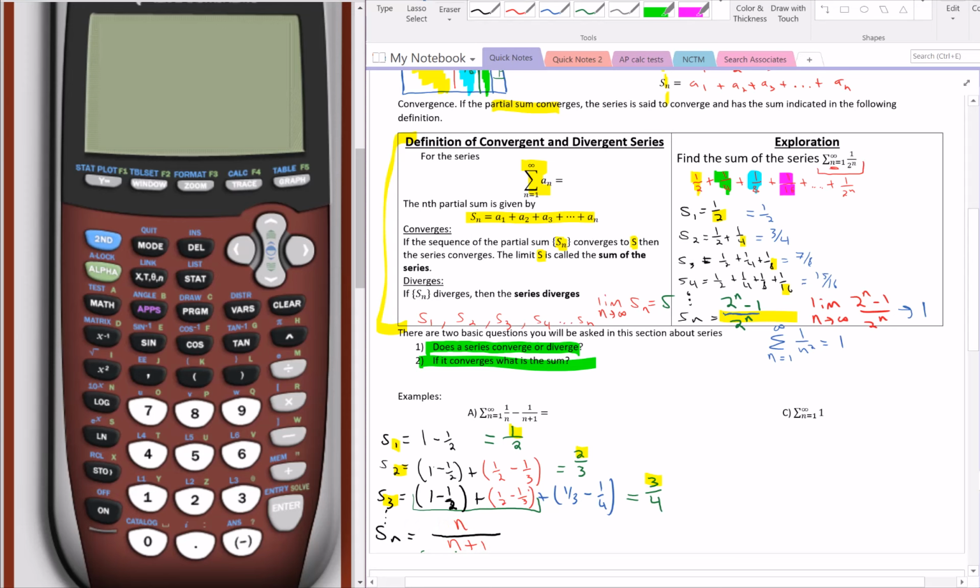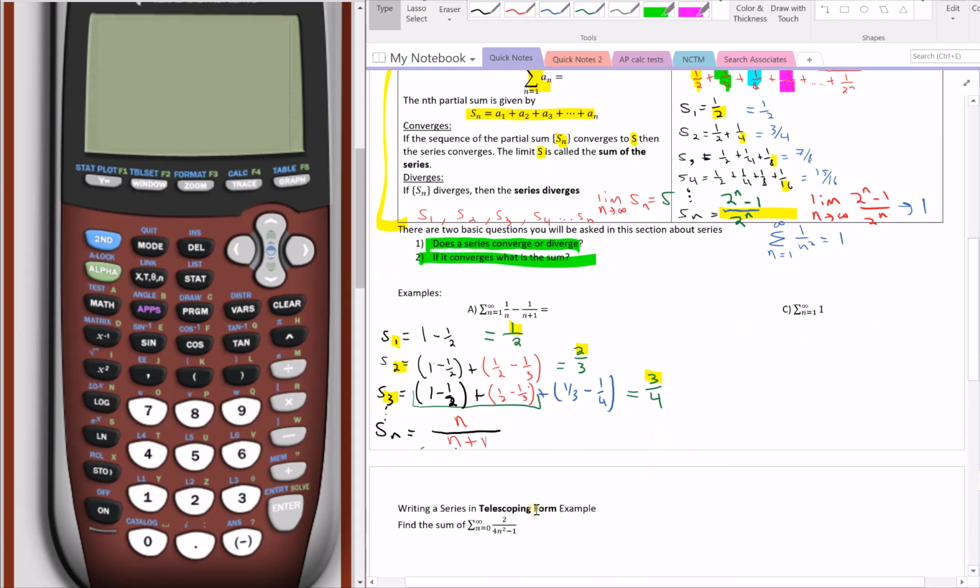And so this is the formula for the nth partial sum, right? So what we need to do is figure out, well, what's the limit? Let's go up here. What's the limit as n goes to infinity of n over n plus 1?